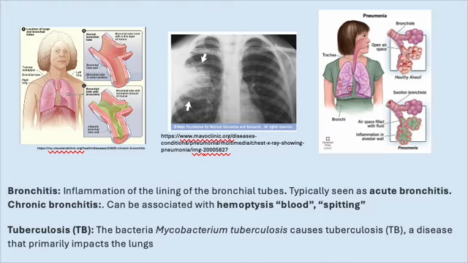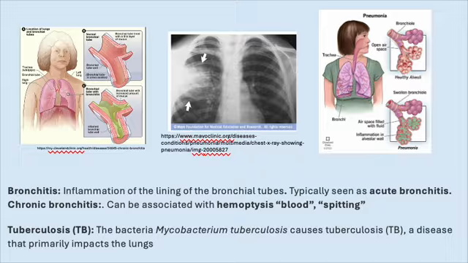So we've looked at inflammatory conditions, right? Asthma, COPD. Now let's look at some infectious conditions. So conditions like bronchitis, pneumonia, and tuberculosis occur when pathogens such as bacteria or viruses invade the respiratory tract.